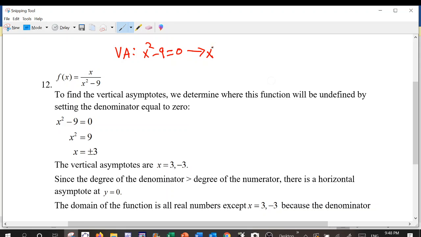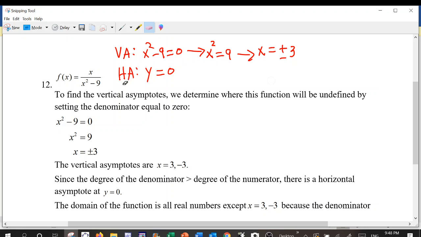So that means x squared equals 9. That means x is plus and minus 3. Now, those numbers don't make the numerator 0. That means this graph has what? 2 vertical asymptotes, right? Now, what about the horizontal asymptote? Well, numerator's degree is smaller, so y equals 0 is a horizontal asymptote, right?